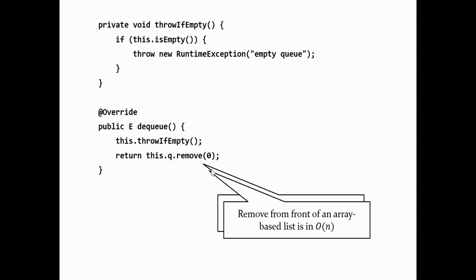When I remove the first element out of the list, the remaining elements all have to be moved forward one position in the list. And that takes time proportional to the number of elements in the list. So our DQ method has complexity big O n, which is not necessarily a good thing.